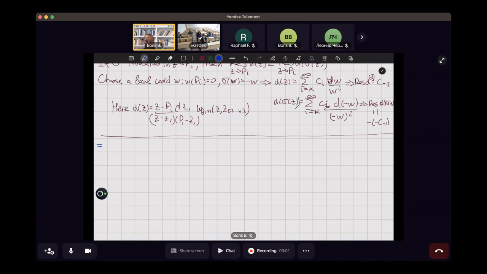Okay, so it will be 1/4 sum from 1 to n of the residue at w to pi of s, say let me write s1 g.